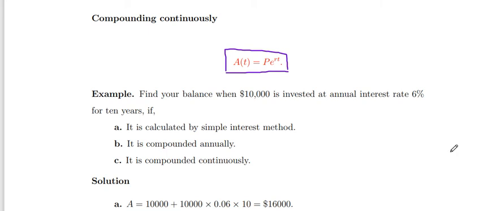Say you deposit $10,000. The annual rate is 6%, and t is 10 years. So you deposited $10,000 for 10 years with an annual interest rate of 6%.